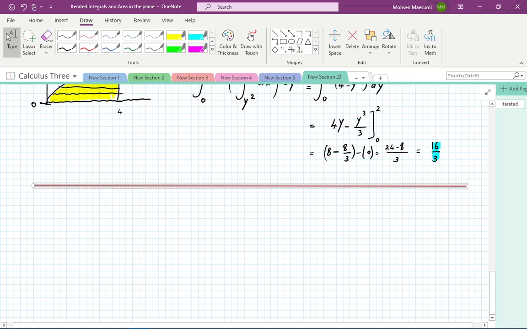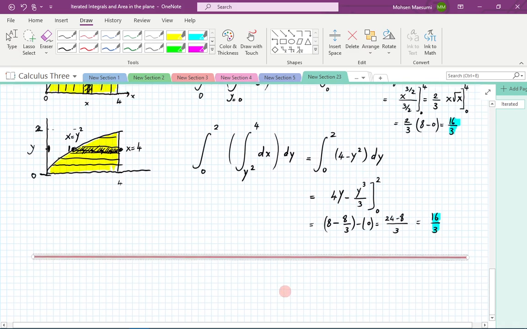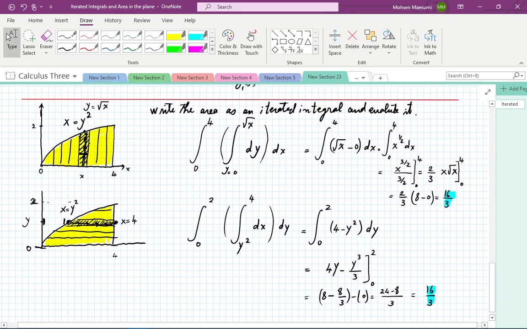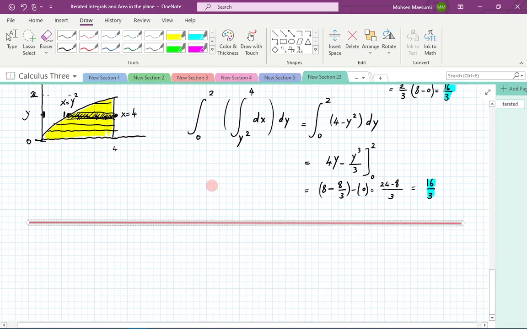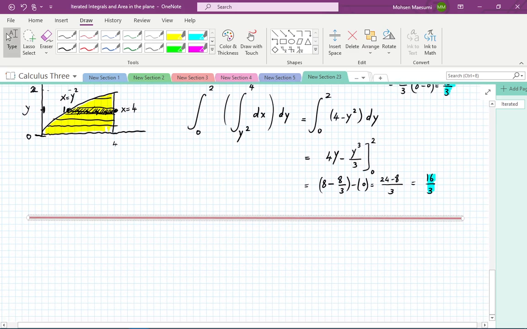So even though in this case both approaches rather easily gave us the same number, sometimes we have to be smart to pick one of them and go after that first, as opposed to wasting time with the other one, which might not be as straightforward. So let's take a look at some examples where one approach could be easier than the other one.